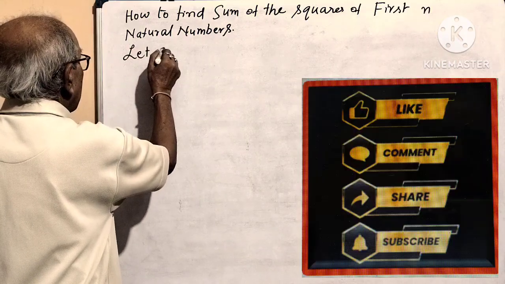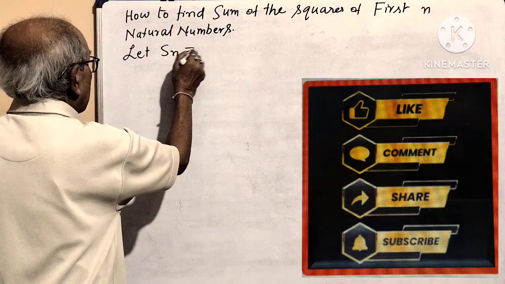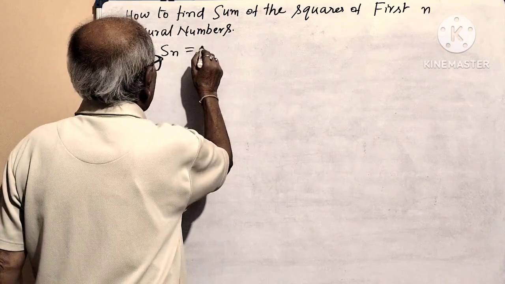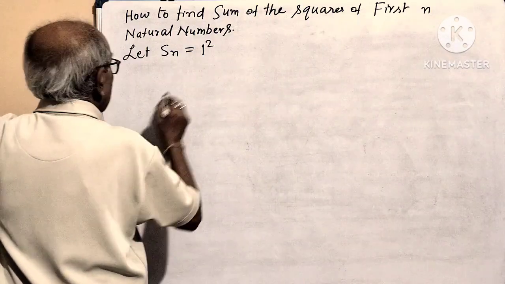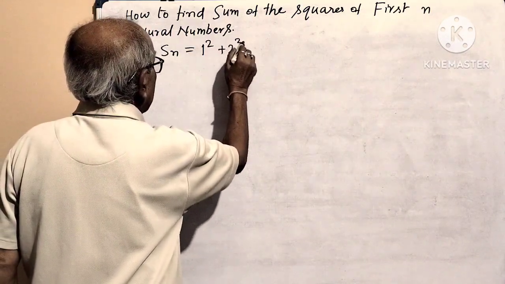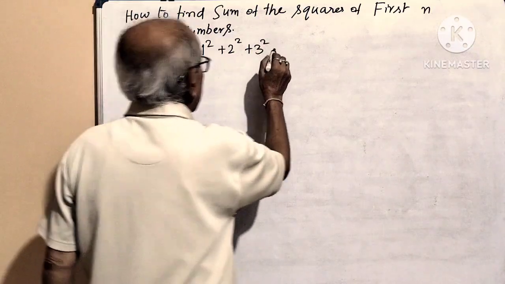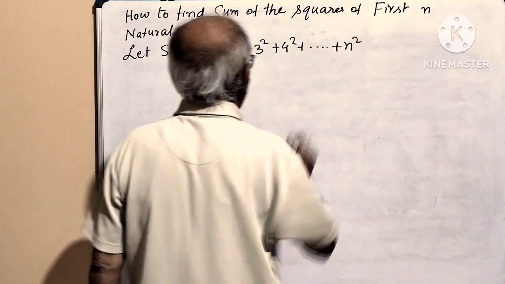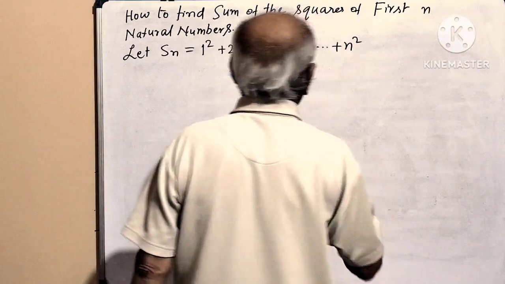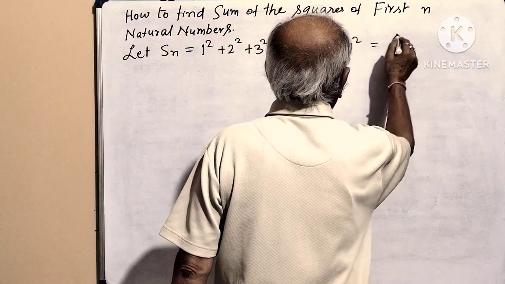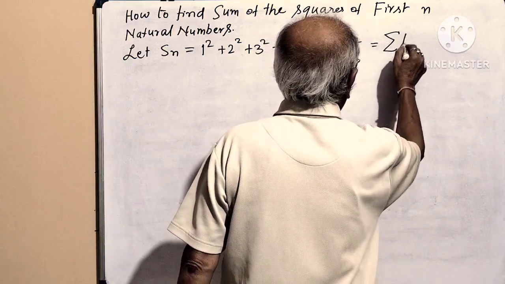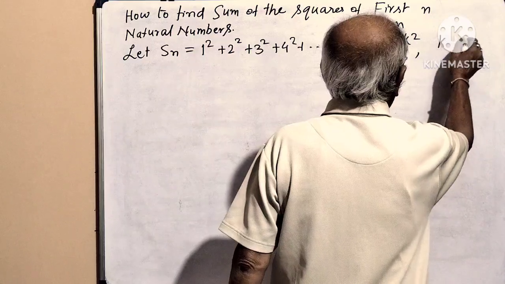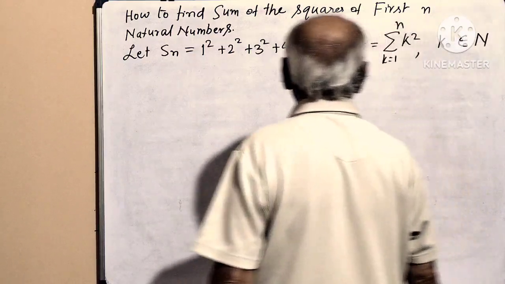Now let Sn be the sum of the squares of the first n natural numbers, where k belongs to the natural numbers.